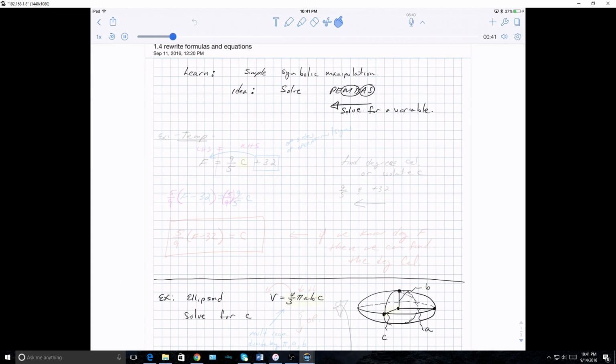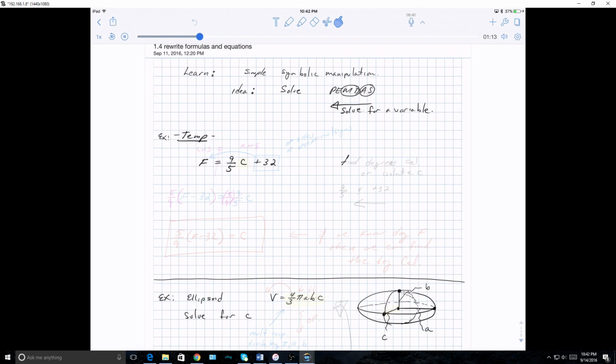All right, so if we just take a look at maybe a simple temperature conversion, in which case we have the degrees of Fahrenheit are equal to 9/5 the degrees in Celsius plus 32. Okay. So in this case, it's already solved for F, but let's say we wanted to know C, or the degrees in Celsius.